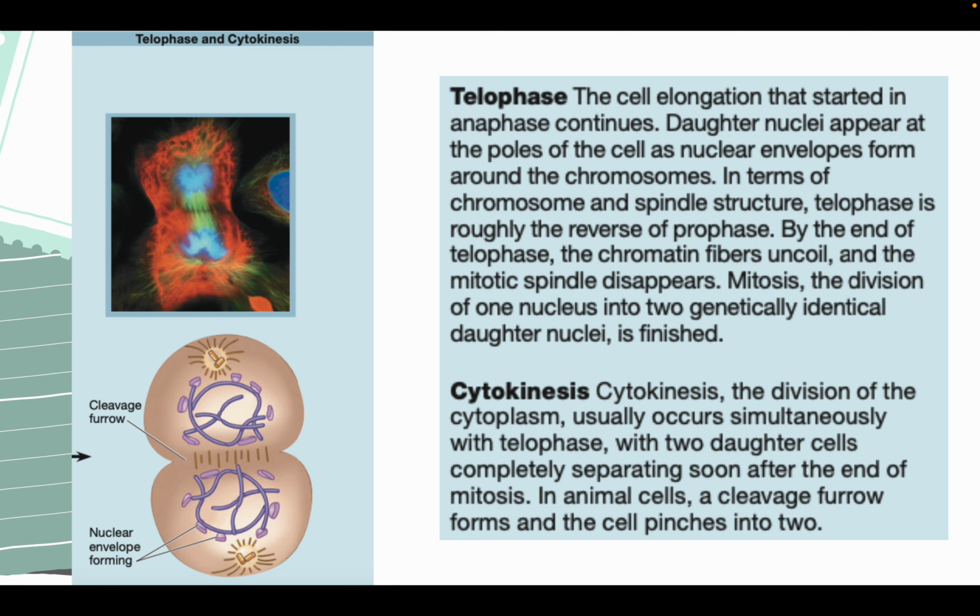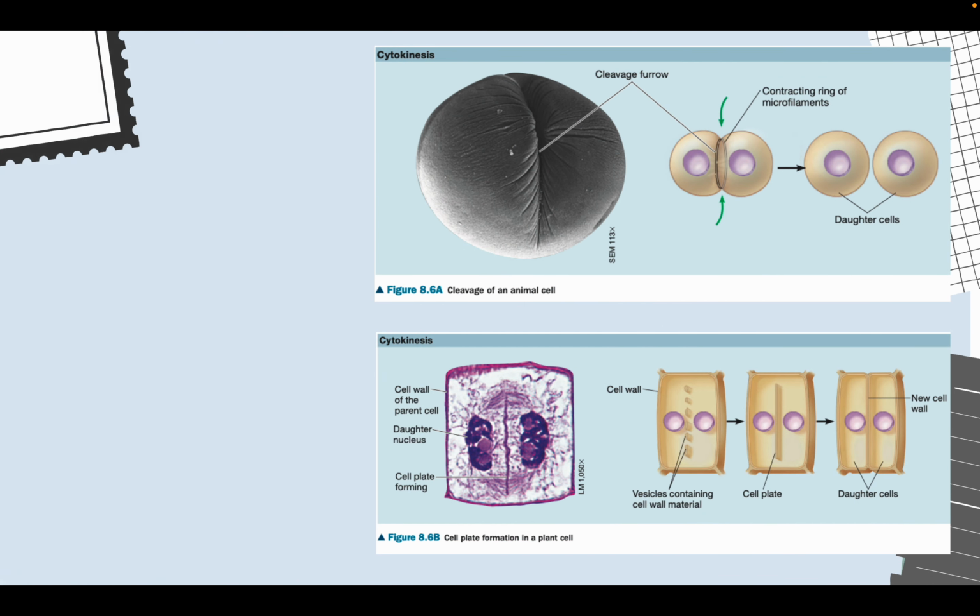So in animals, it is like the cell pinches itself in the middle to achieve separation. Okay? So in this final step, the cytokinesis of the cell division process, it results in two new daughter cells. So try to look at the cytokinesis of the animal cell. It is like pinching to form two cells.